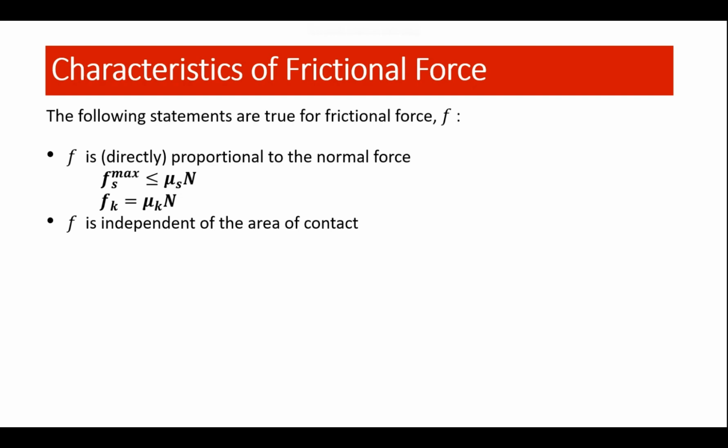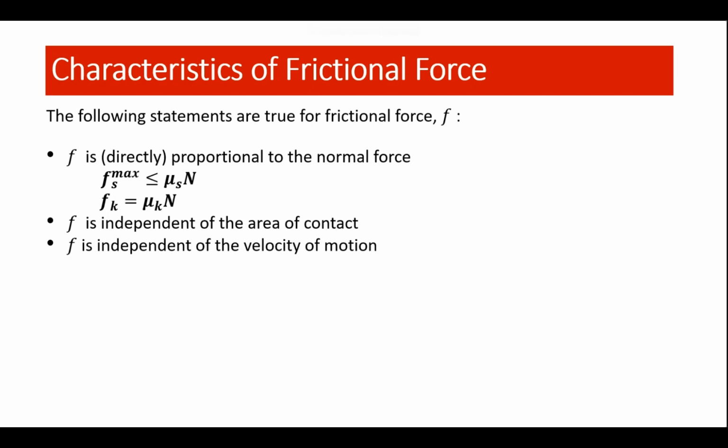So it doesn't matter whether the area of contact is large or small, frictional force is going to have the same magnitude, regardless of that contact between the object and the surface.